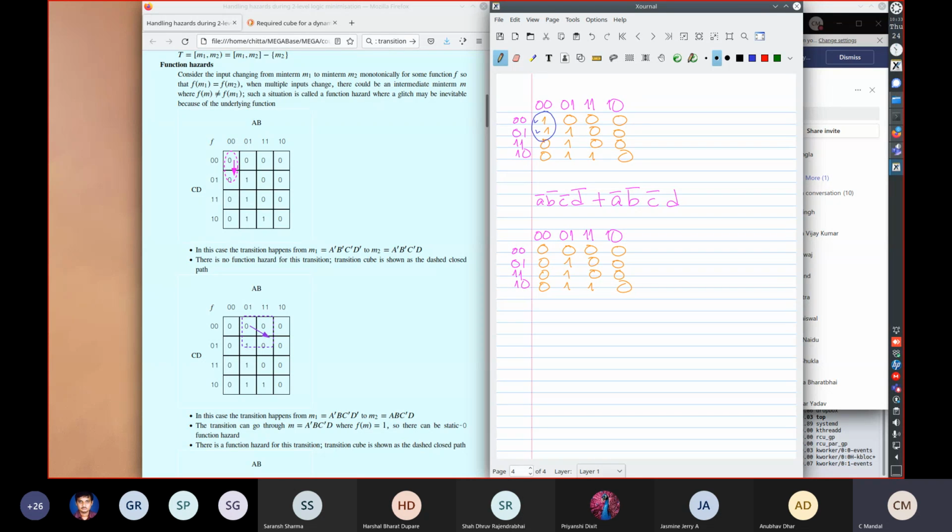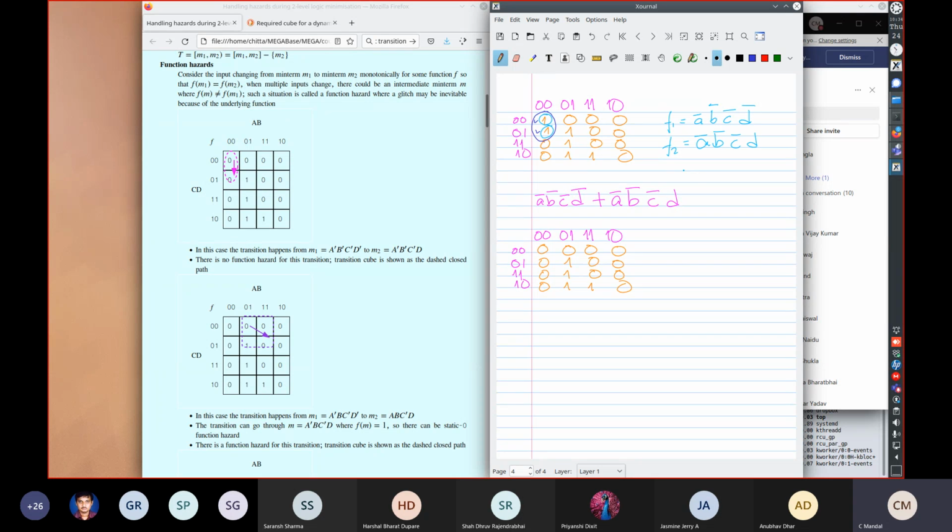So then we are taking this main term, and in this case, what might happen is that you're basically taking these two cubes, and as you make a transition, you can say f1 is this function, and f2 is this function.